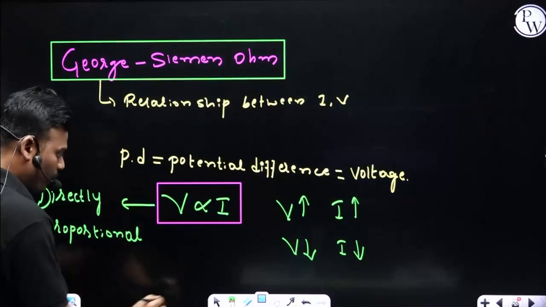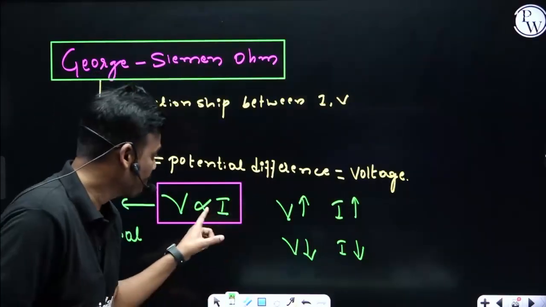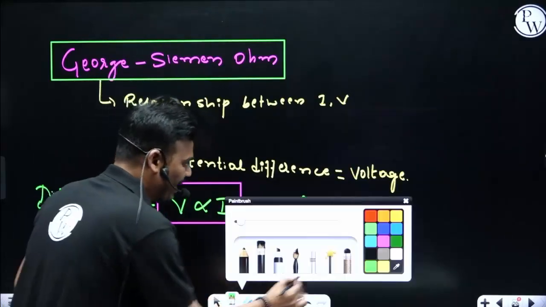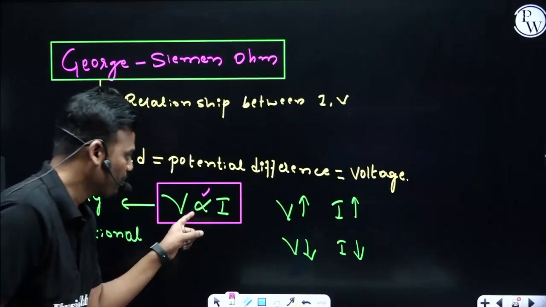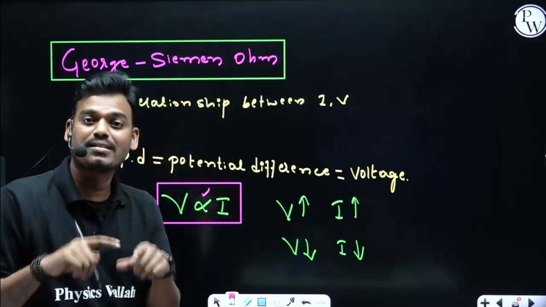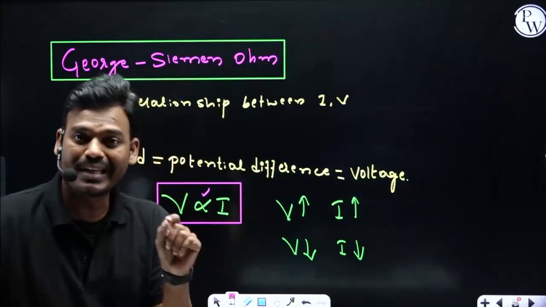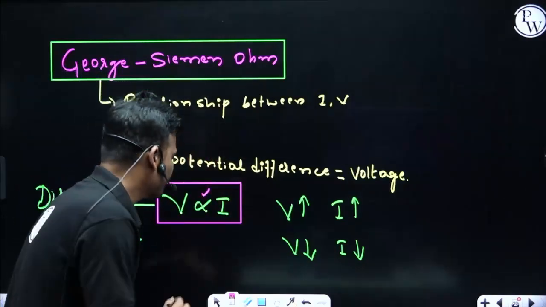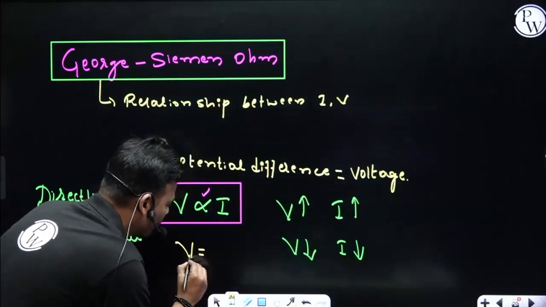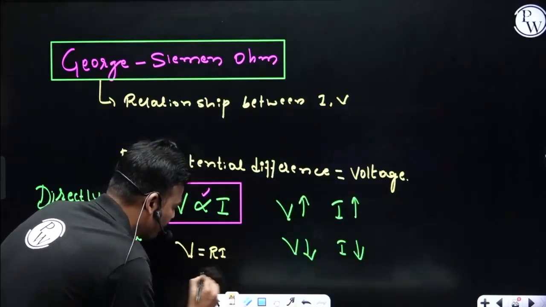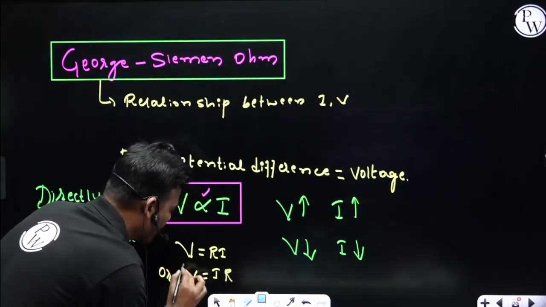By mathematics, I want to eliminate this proportionality, so I need to consider a proportionality constant. That is given by V equals R into I, or V equals I into R.